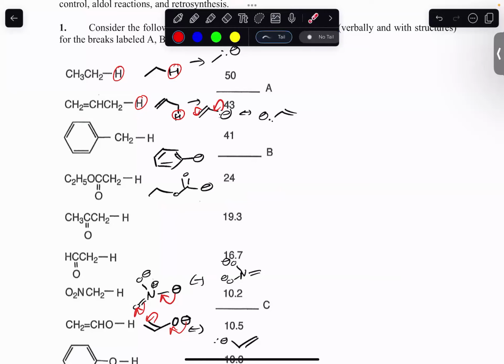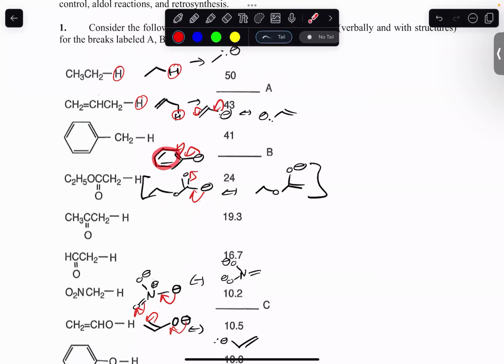Yep, alpha hydrogen, which is able to do resonance and give that negative charge on the oxygen as well. And over here, this can do a lot more resonance than this other one, but the reason why this is not as stable is because this is a benzene ring that is aromatic.